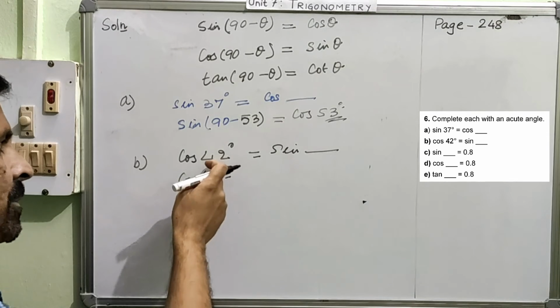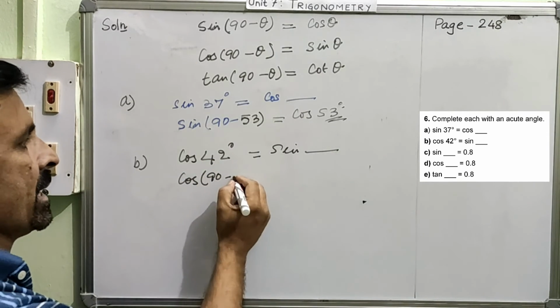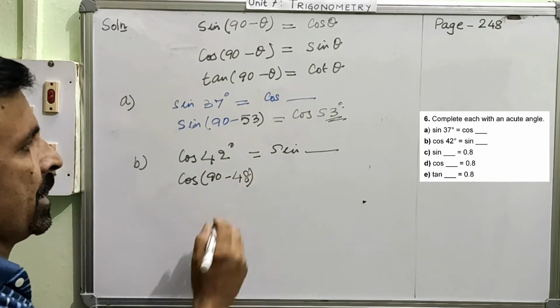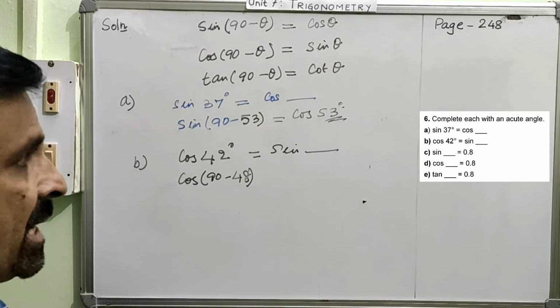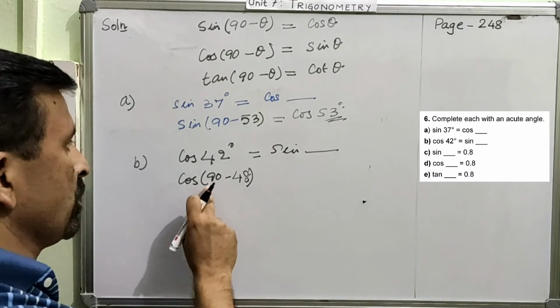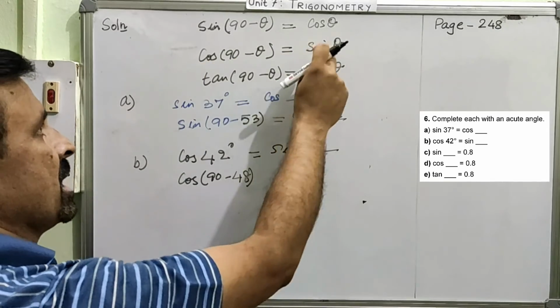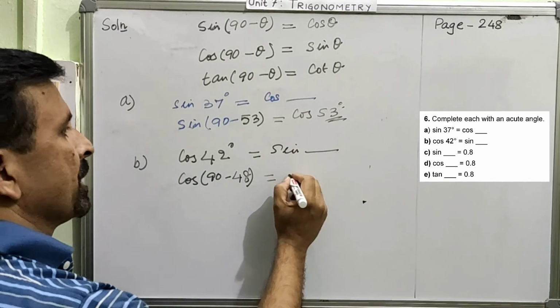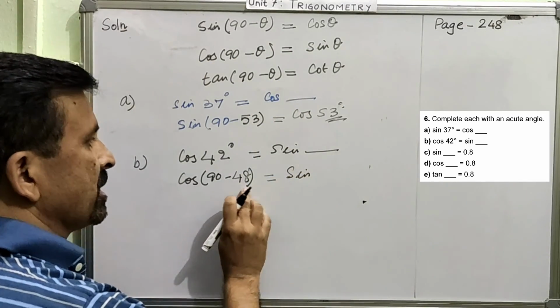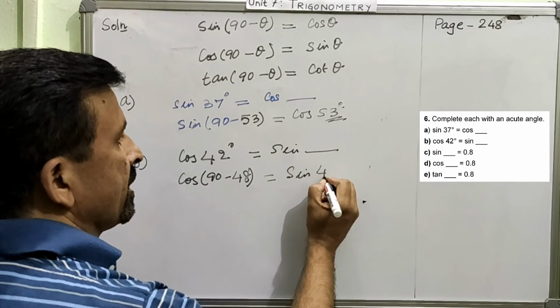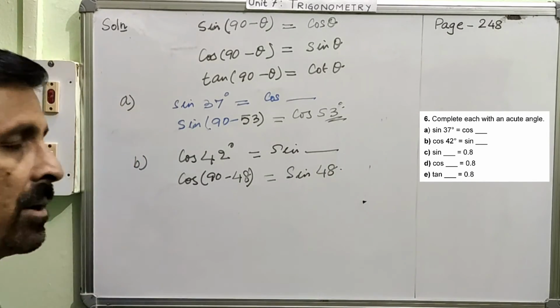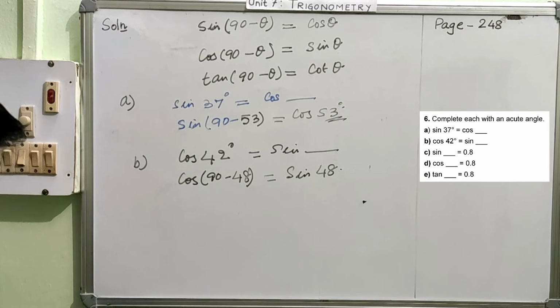To do that, you subtract 42 from 90 and you get that angle as 48. From 90, if I subtract 48, I get 42. By doing so, it will be written as sine theta, and theta is this acute angle, 48. This becomes your answer. Is this okay?